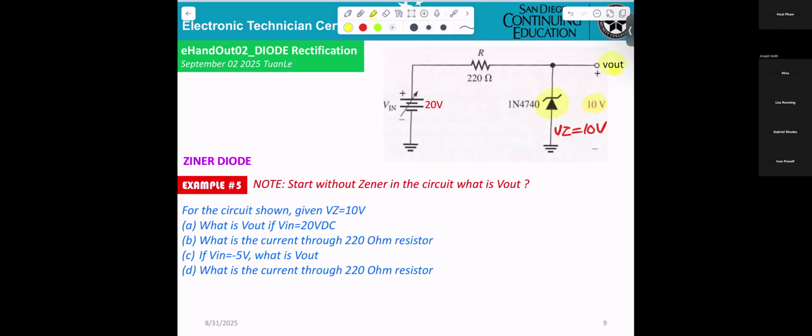In order to know V out, we suppose no diode here. No diode, then no current flows. You get 20 volts at the output here.